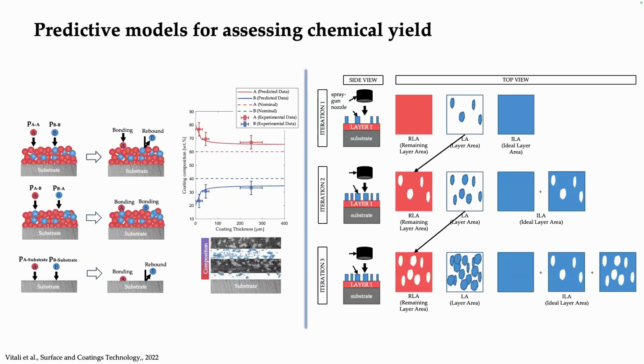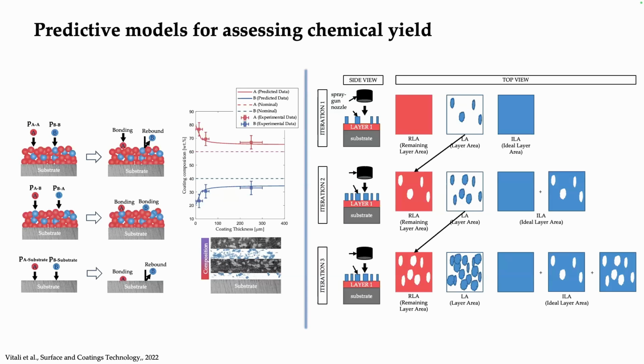So we also developed a predictive model, a probabilistic-based model, taking input from experimental data and a series of numerical simulations, in order to be able to predict the chemical yield depending on what we have in our feedstock.